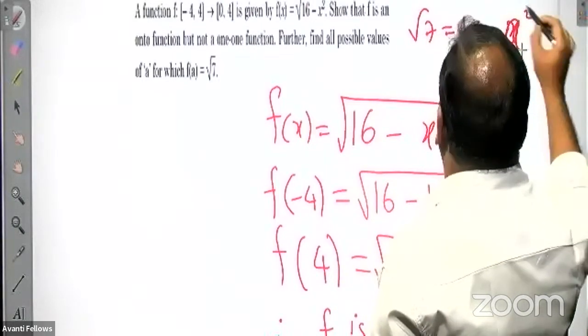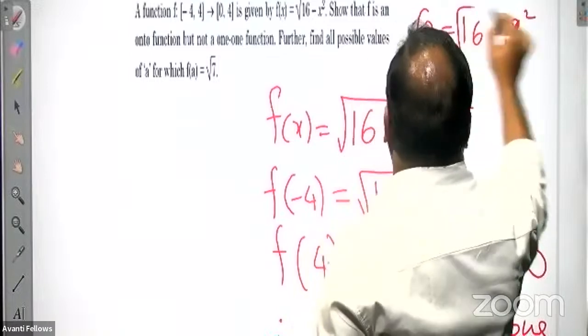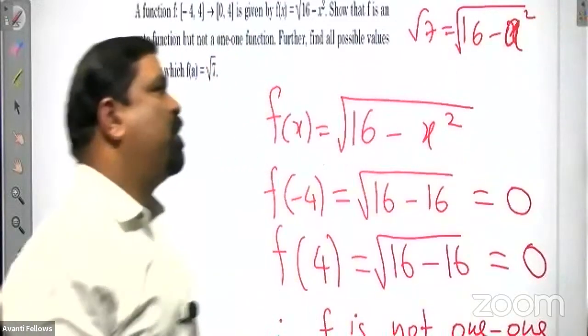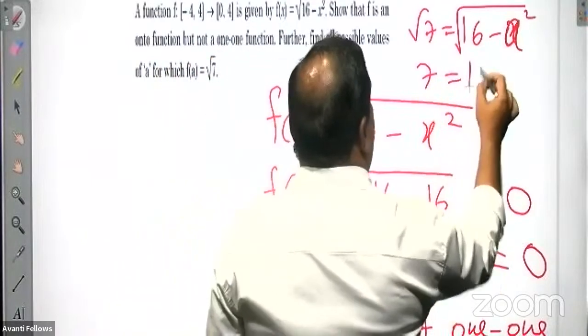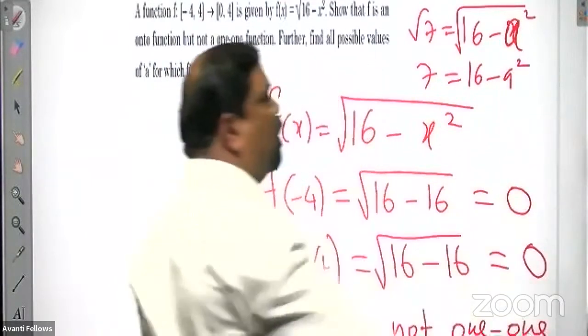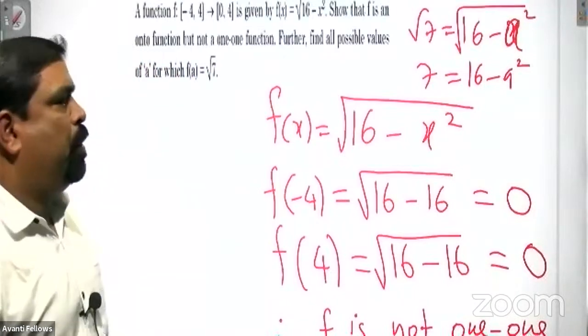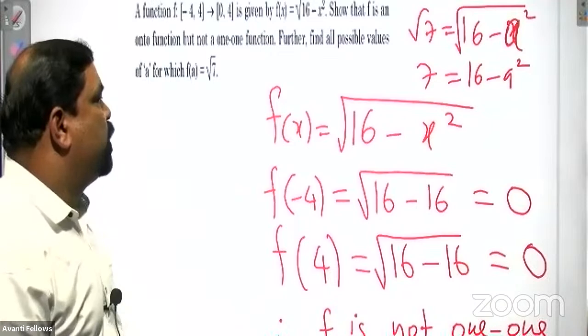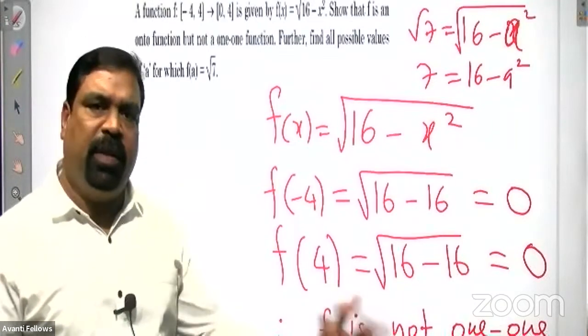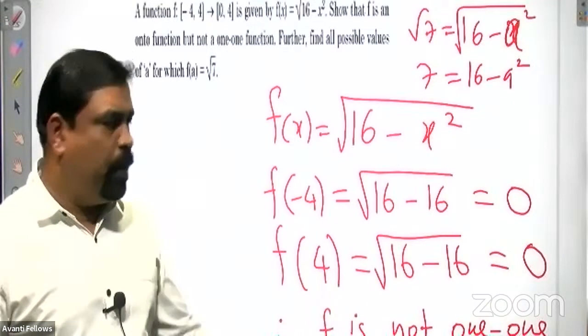So root of 16 minus a square is equal to root 7. If you solve, you'll get the value of a. So 7 must be equal to 16 minus a square, so a square must be equal to 9. So a must be equal to plus or minus 3. Very easily we can find out.